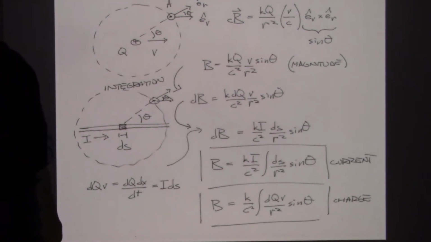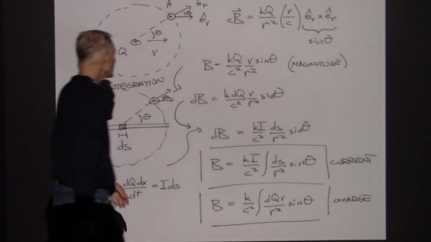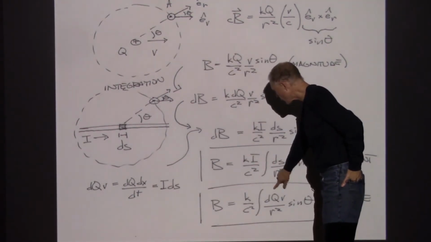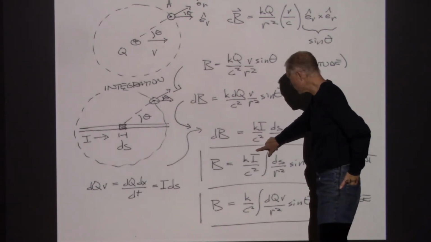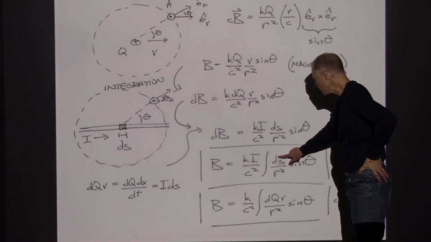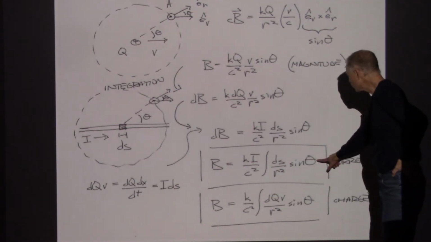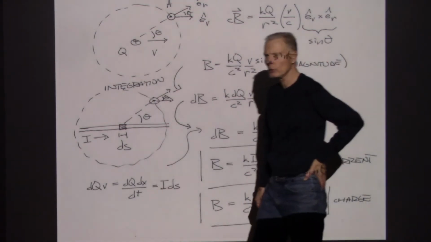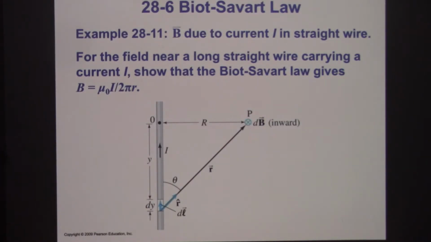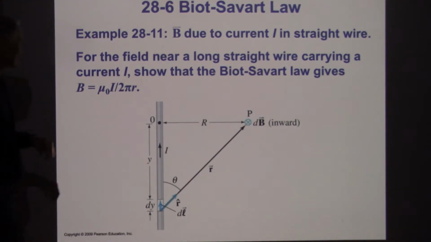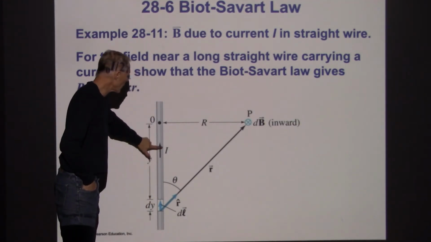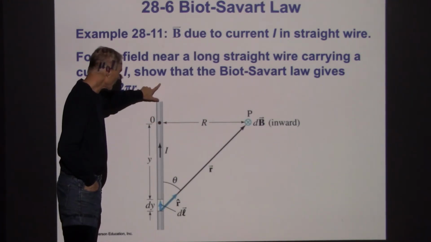So that's how the formula would be carried out. What it says is I would be working from the current equation, not the charge. So I could say k times the current over c squared. I would take one step at a time, divide through by the distance, and multiply by the sine of the angle. And as you can see, that's going to be complicated, because when I move from one segment to the next, I have to integrate along the entire length of the current.